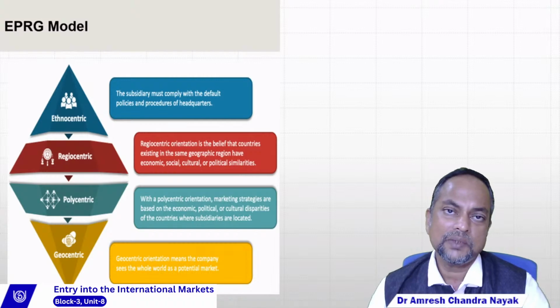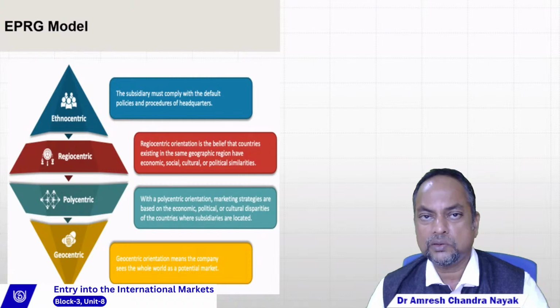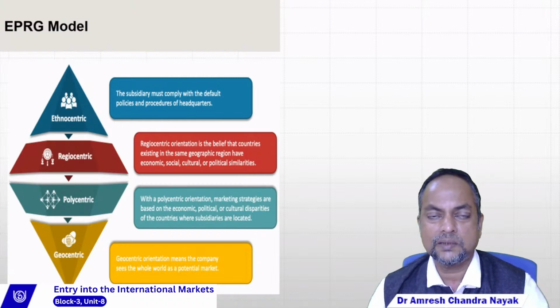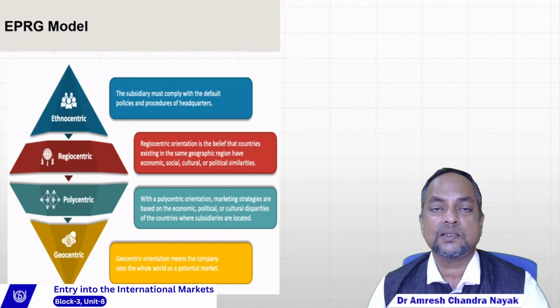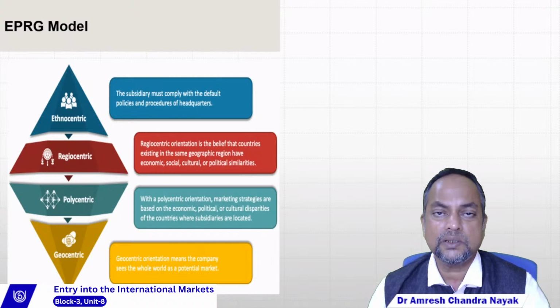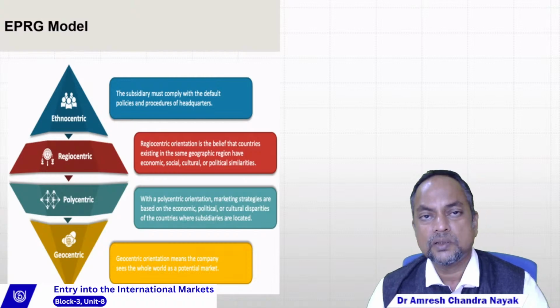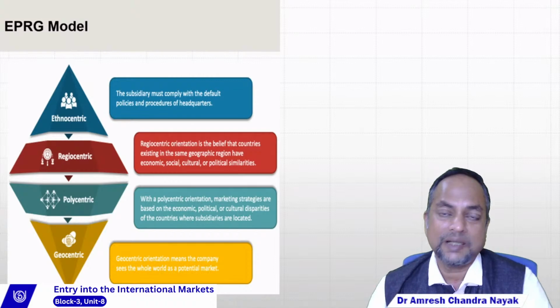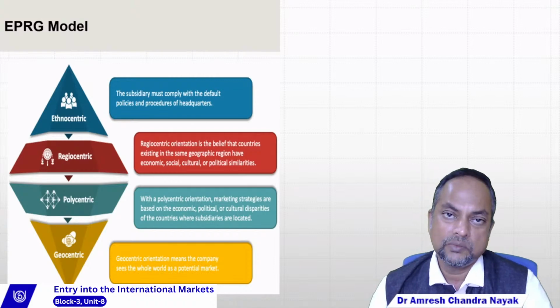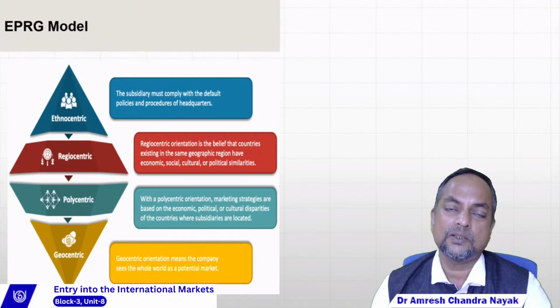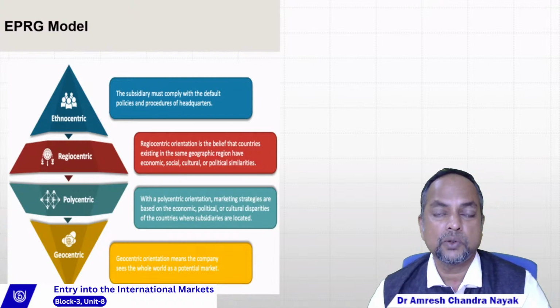So if I have an ethnocentric approach, right? So there, I cannot rely on the host country nationals. Rather, as I'm implementing my existing plans, policies, rules, regulations, I'll depend on some of the people who are well conversant with my operations, who have performed well at the domestic level, to be deputed to the host country itself for carrying out the operations.